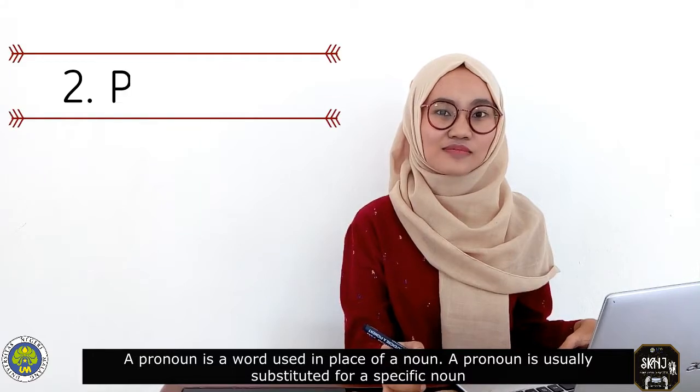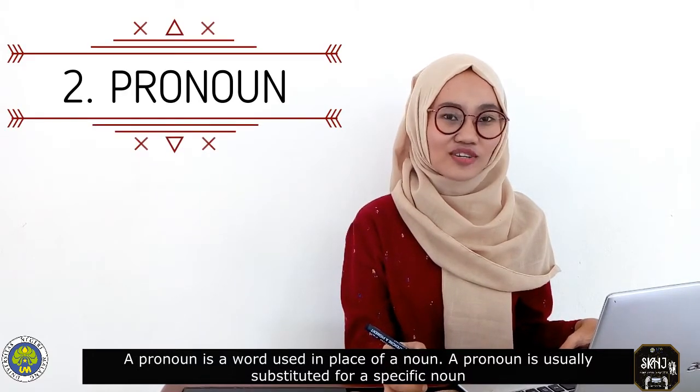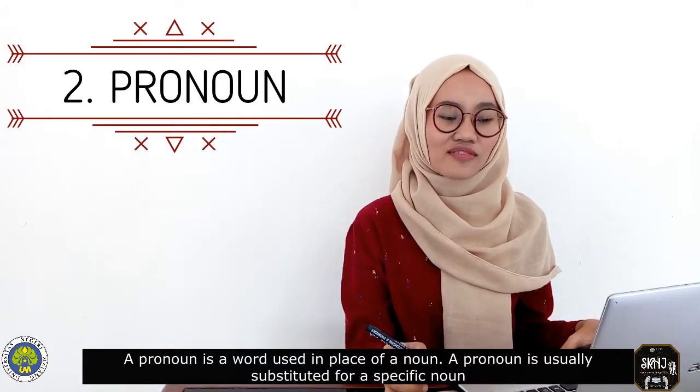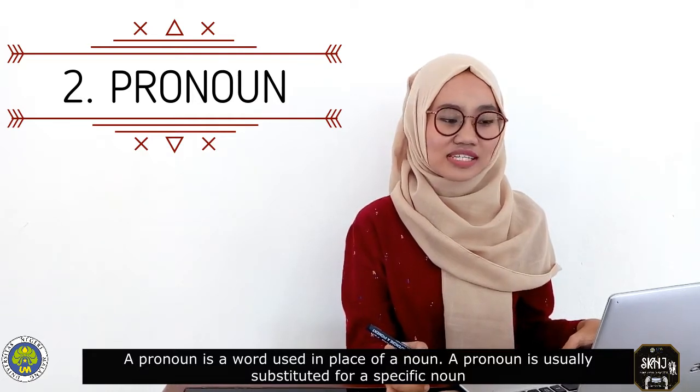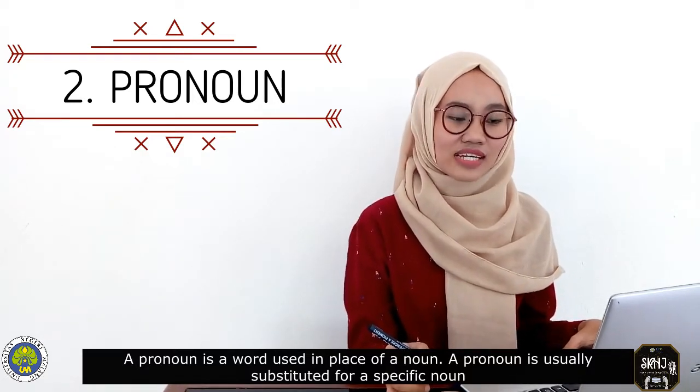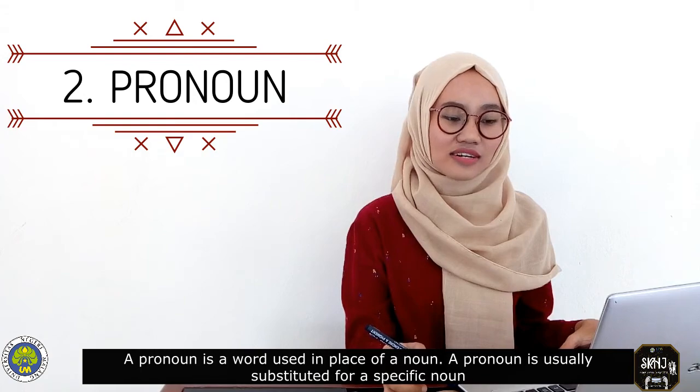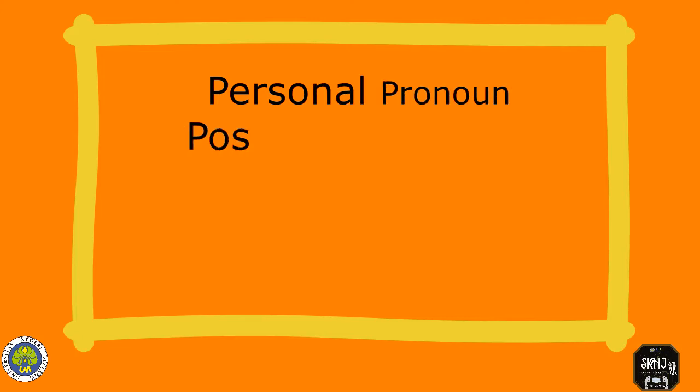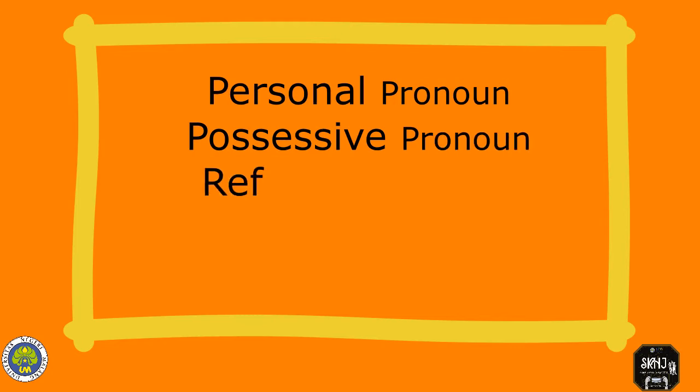The second is pronoun. A pronoun is a word used in place of a noun. A pronoun usually substitutes for a specific noun. Pronouns are further defined by type. Personal pronouns refer to specific people or things, such as she, we, they, it, and me. Possessive pronouns indicate ownership.